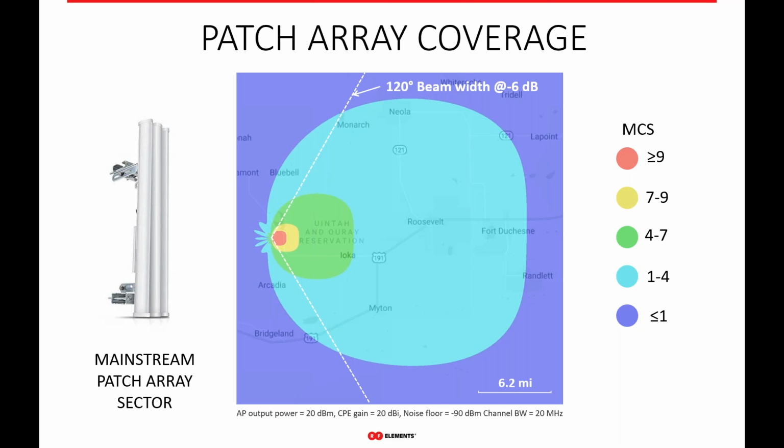The coverage is not defined by the beam width at all. You can see the back radiation, the side lobes that cause all the issues with co-location with these antennas very clearly when you look again at the coverage area and the different MCS rates from a standard antenna.